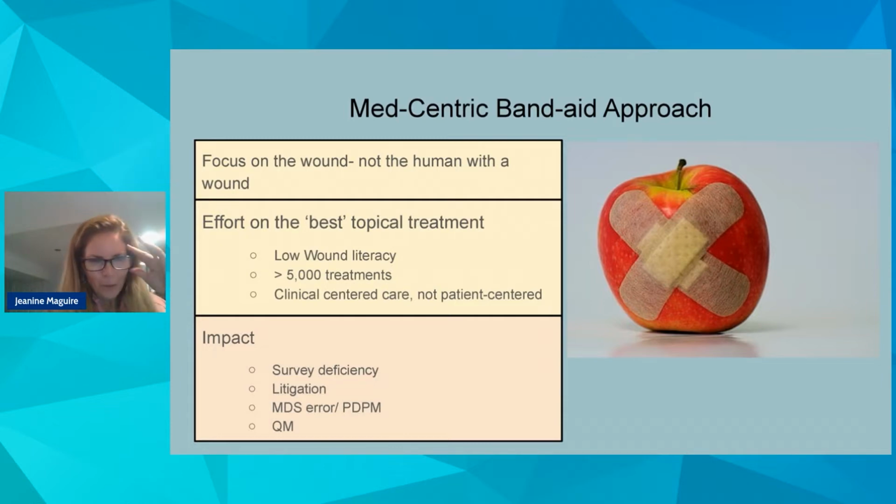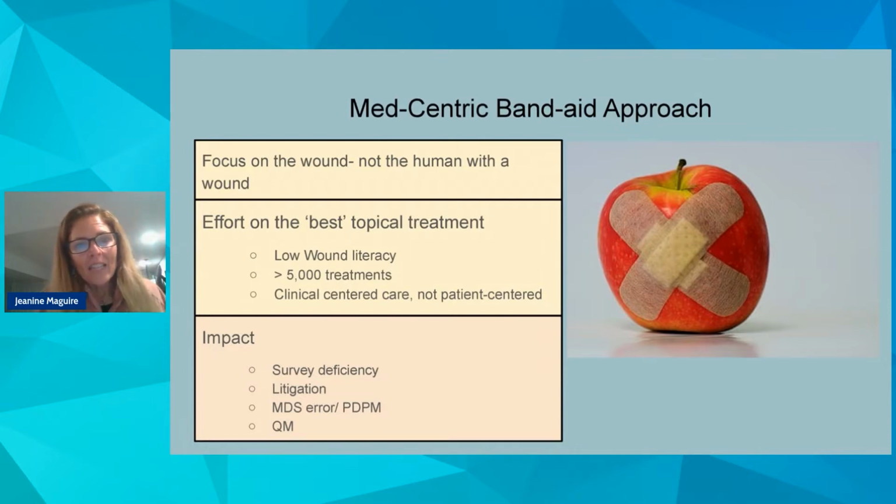So we all know what health literacy is, but wound literacy is actually understanding root cause analysis of different wound types, understanding and recognizing different wound types, understanding the pathways that are possible for healing or management or palliative care for different wound types, understanding that of the 5,000 or more treatments on the market, many of them are based on savvy advertising. Many of us don't have the ability to really look at the research to identify the treatments that are based on evidence.